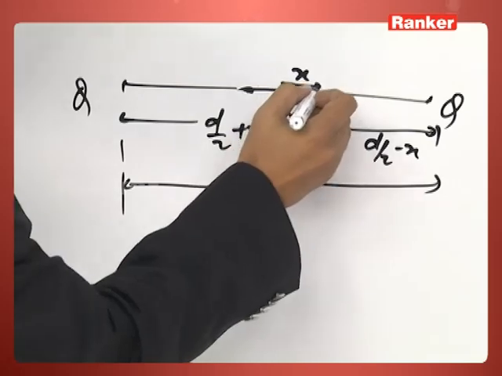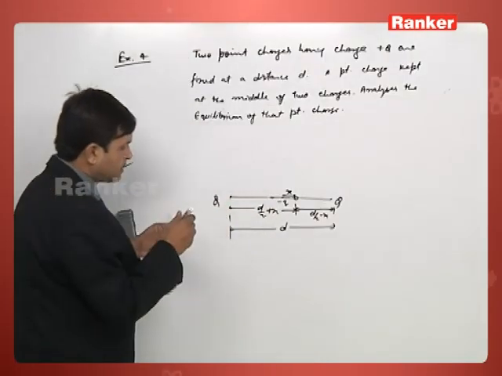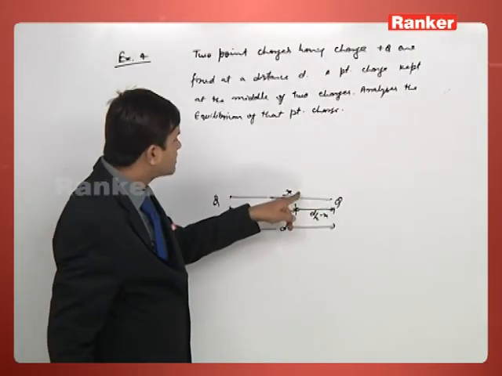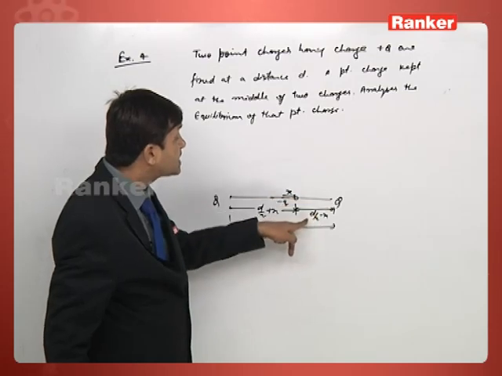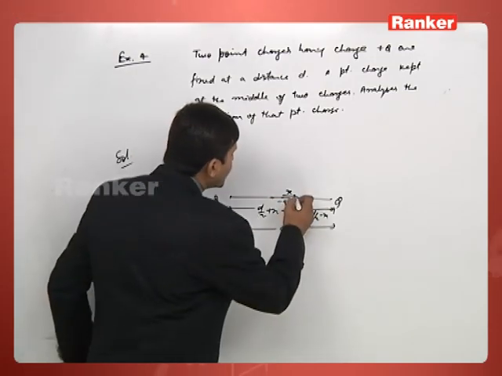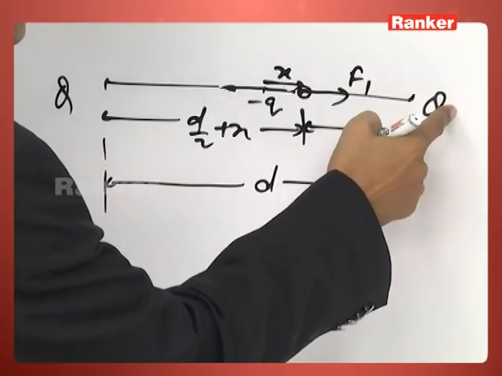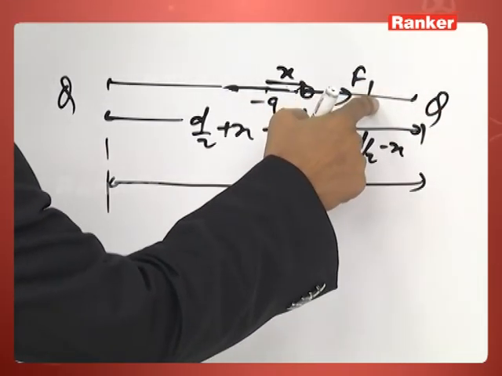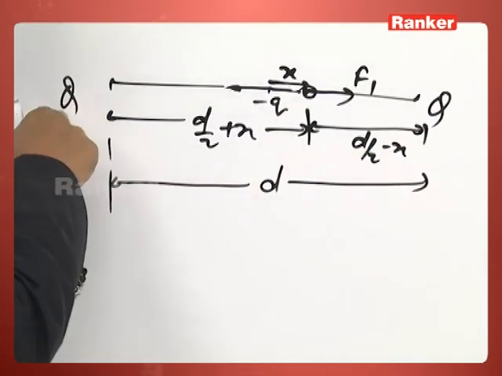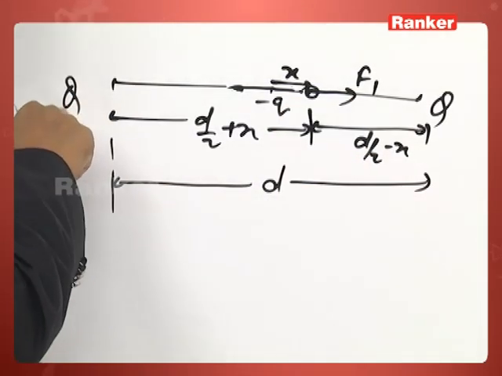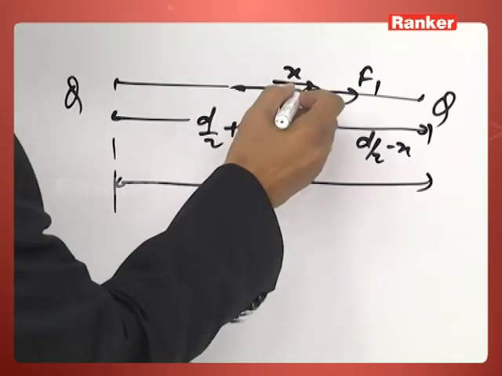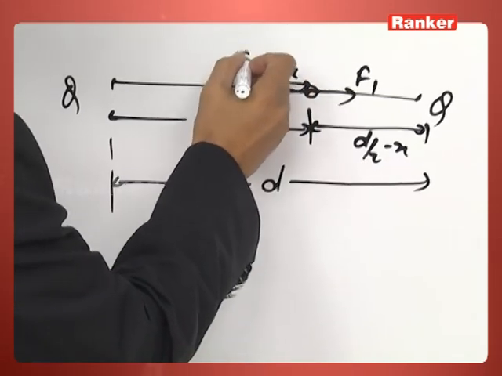Since the distance from this charge decreases, the force of attraction F1 of this charge on the particle will be more as compared to the force of attraction F2 of the other charge, which is acting in this direction.